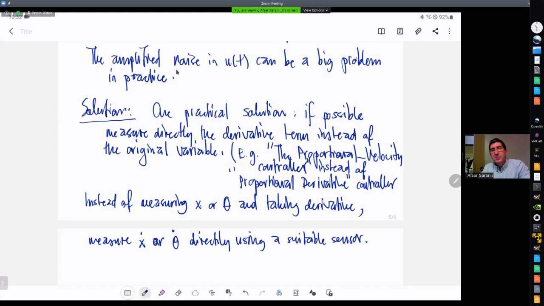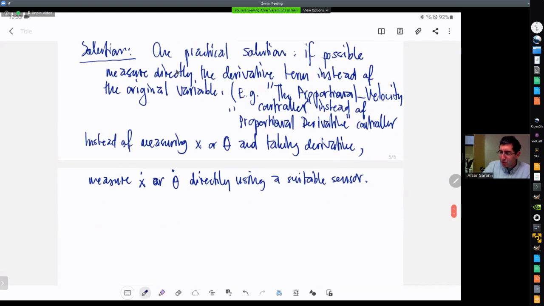The difference being, if you have any sensor noise, in this case the sensor noise will be added directly to the velocity variable rather than being added to the position variable and being amplified by the derivative operation.